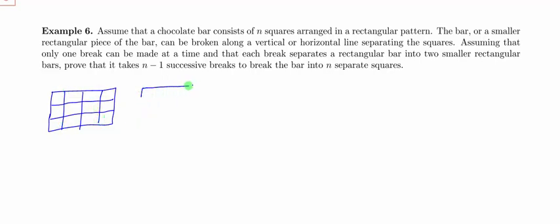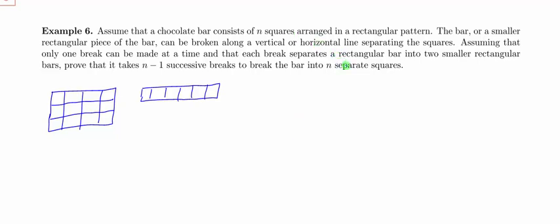The proof that we're going to write up would apply if you had a chocolate bar that was arranged just like that, where you have the squares, the rectangles, in a row. So whatever sort of rectangular grid of chocolate you have will work. And we're saying that the bar, or a smaller rectangular piece of the bar, can be broken along a vertical or horizontal line separating the squares.